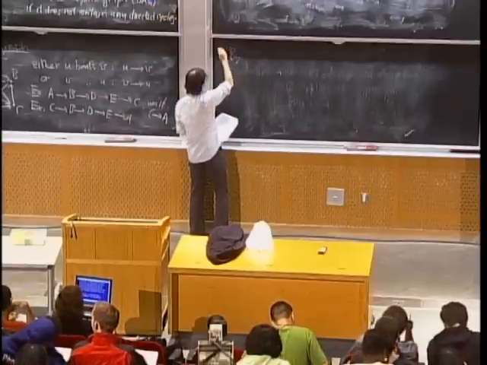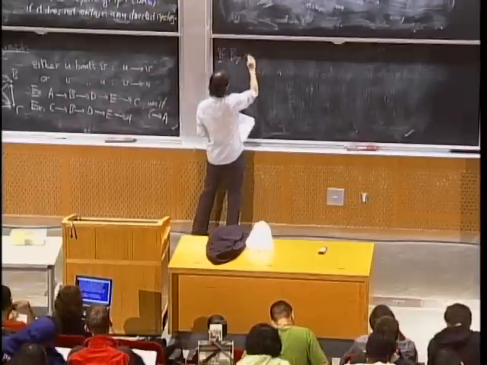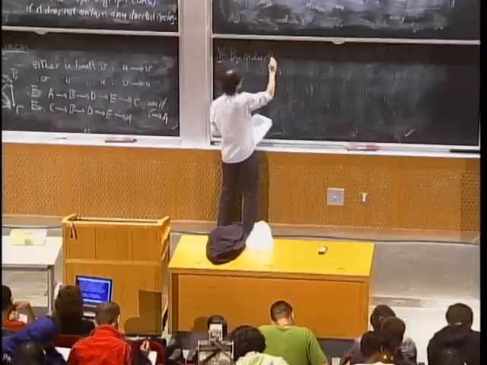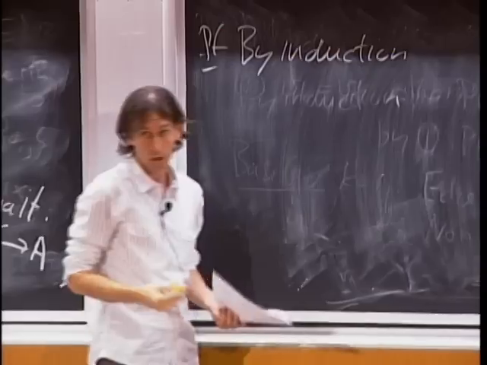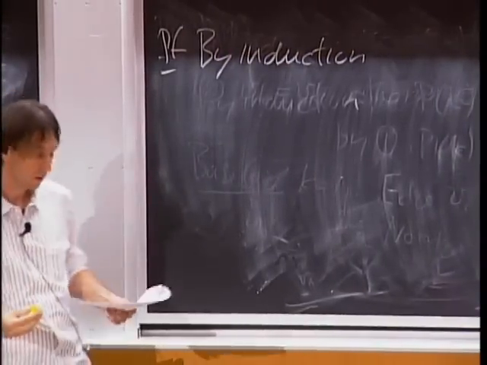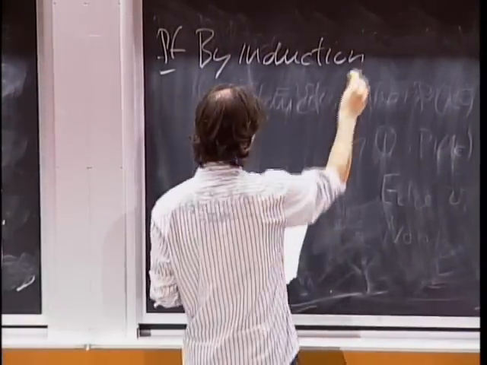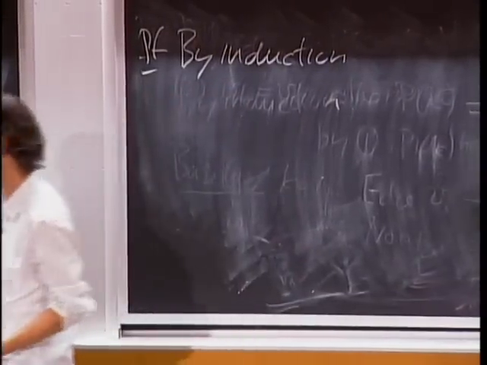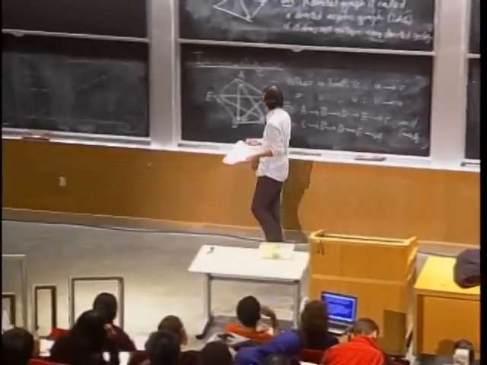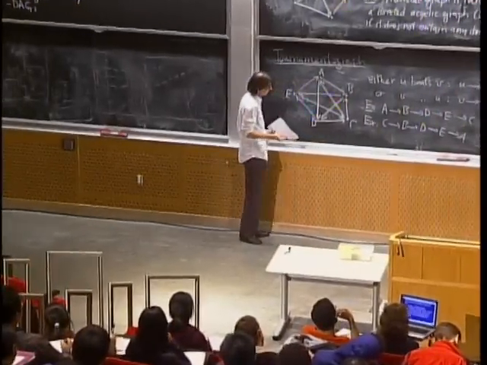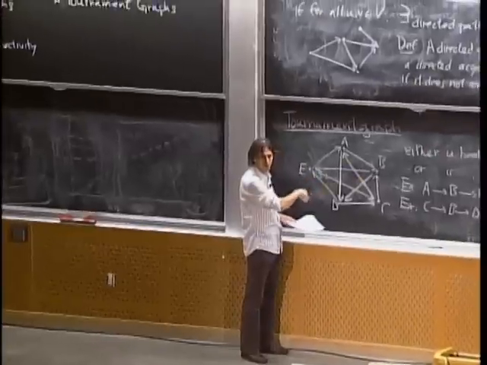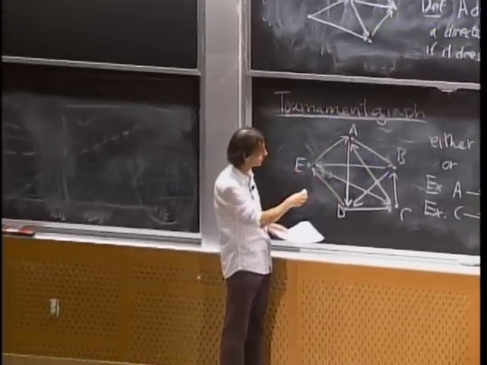So we use induction on the number of nodes, and why would that be of interest? So let's have a look how we can think of that. When you start thinking about such a problem, there is really just one parameter here. It's the number of nodes in a tournament graph.